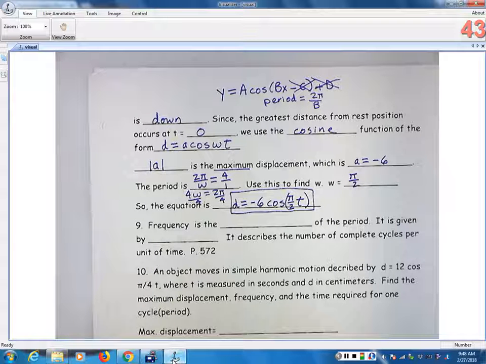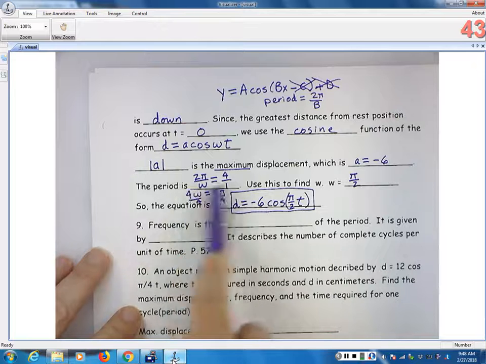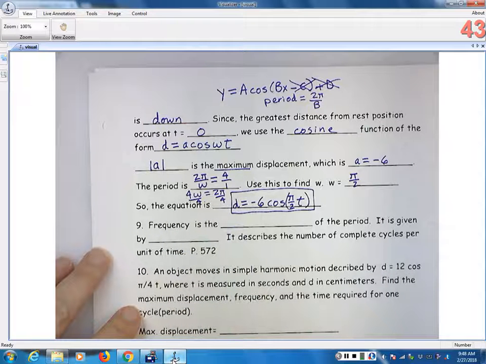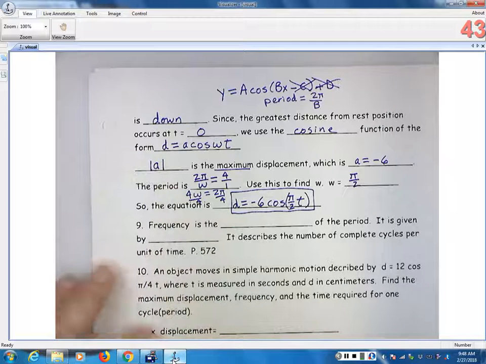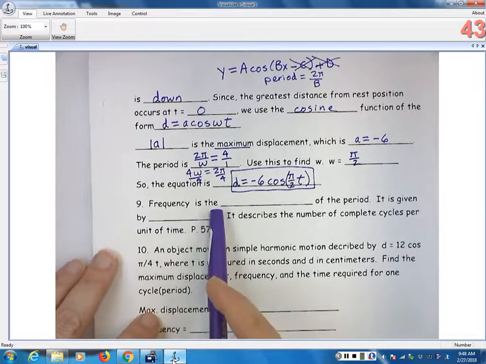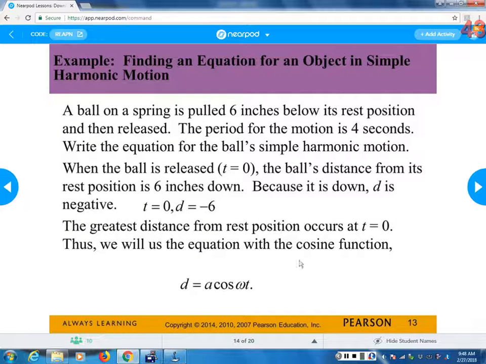We were given the period. We used 2 pi over omega to find omega. We were given the maximum displacement. We use that to find A. Frequency. Okay, and now we're going to talk about frequency. Any questions? All right.